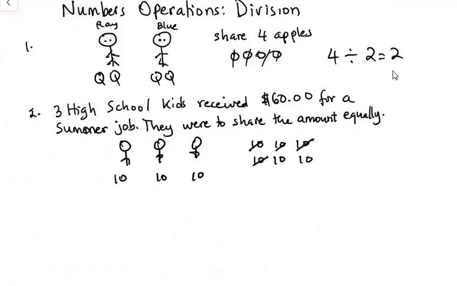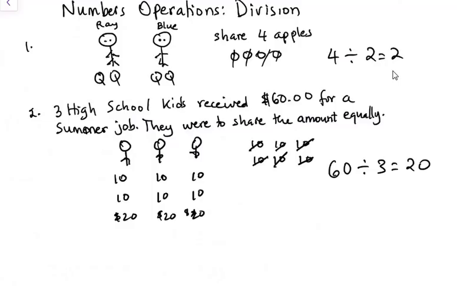And the fourth person takes this. On and on goes the sharing. At the end of the day, each person will take $20 each. So look at the process it takes us to be able to divide the money for these 3 high school kids. We could have said 60 divided by 3, and we have 20.